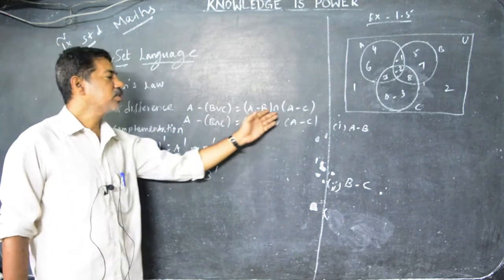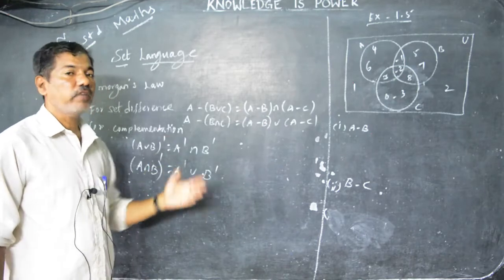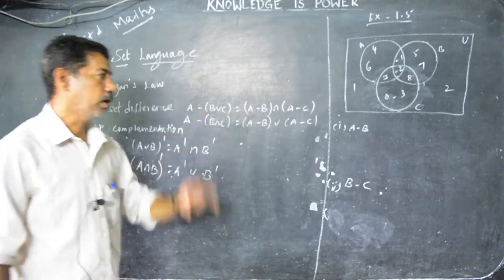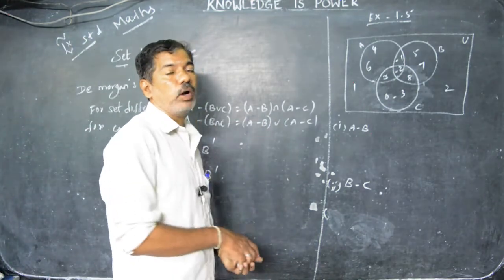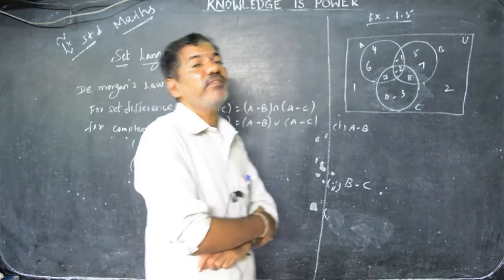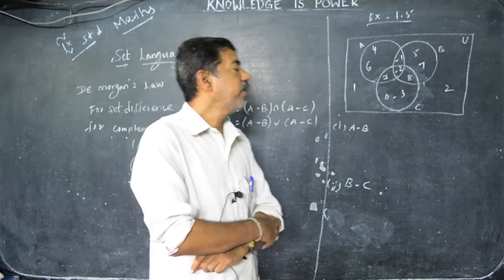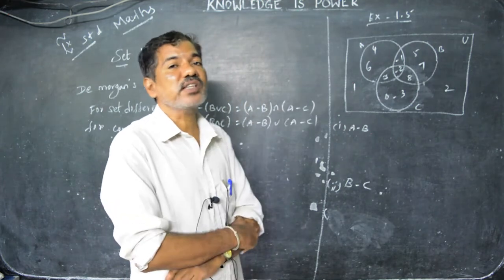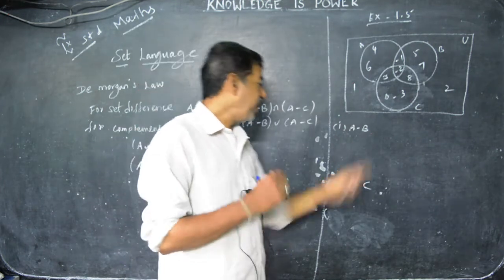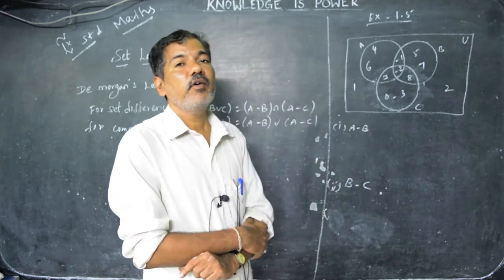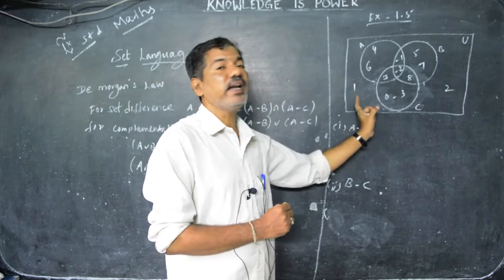Others, union and intersection, we have done already in the previous module. Now we move on to exercise 1.5, first question. The question asks to find the following using the Venn diagram.